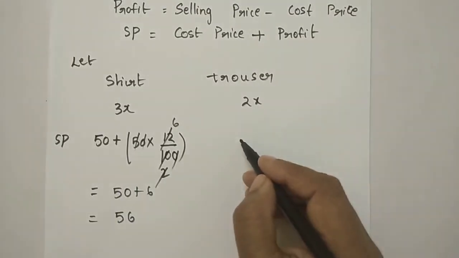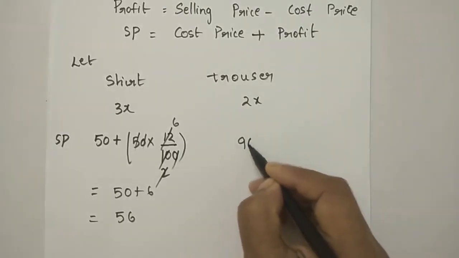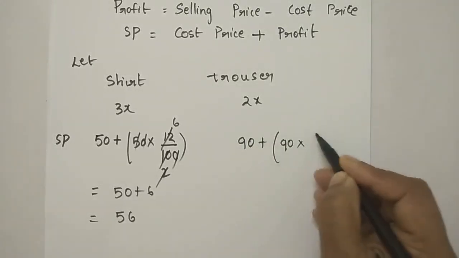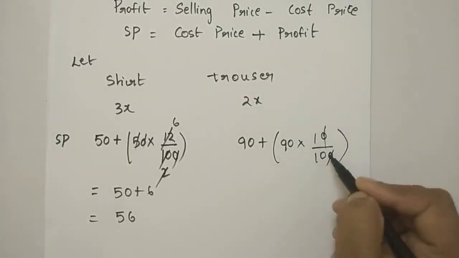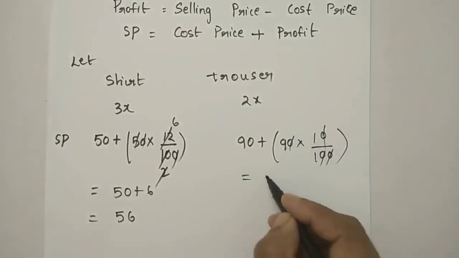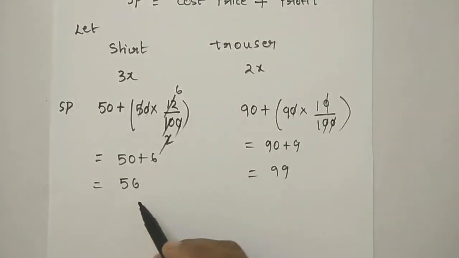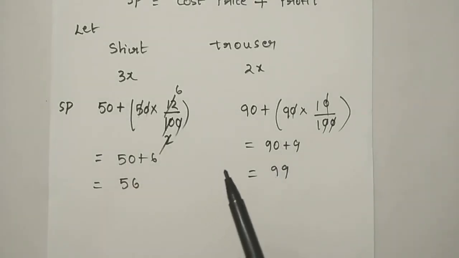In case of trouser, the cost price is 90 plus he got 10% profit, so 90 into 10 by 100. So this is equal to 90 plus 9, equal to 99. So we got 56 as the selling price of shirt and 99 as the selling price of trouser.